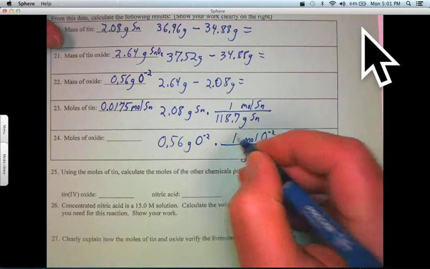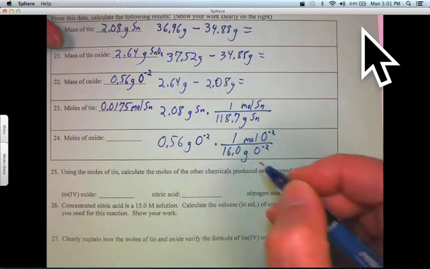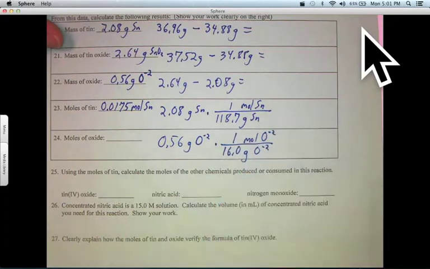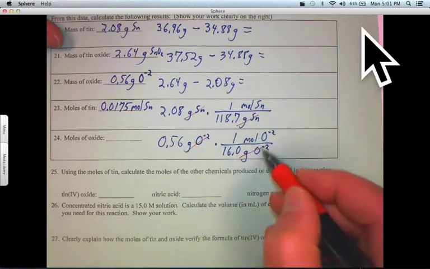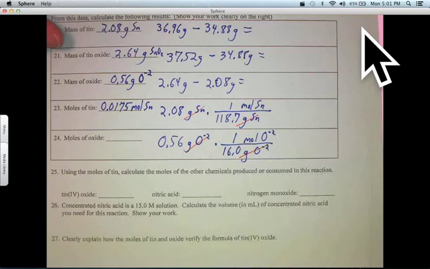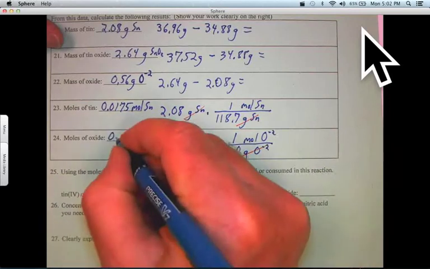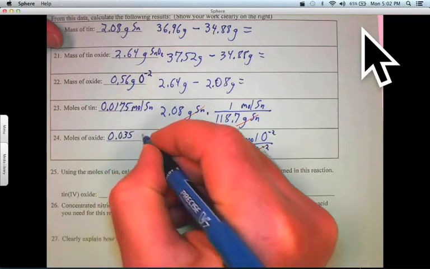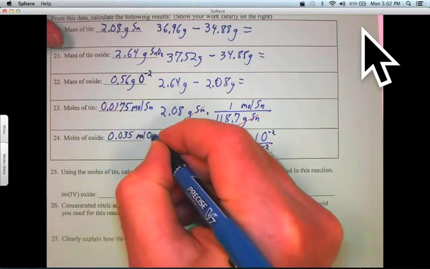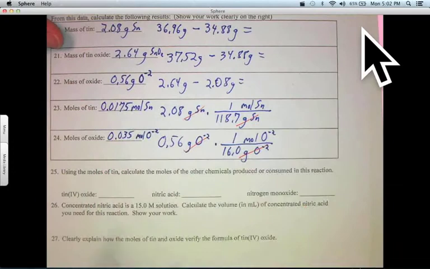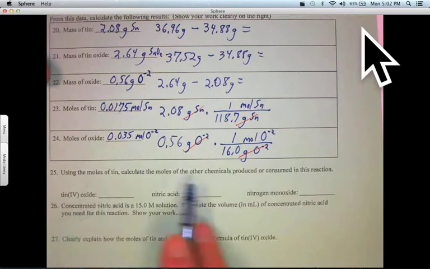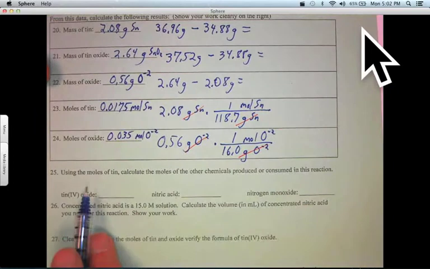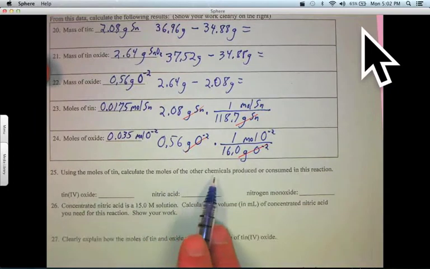So 1 mole per 16.0 grams, and let's remember to cancel our units. If we do the math there, that comes out to 0.035 moles of oxide, of O2- ions, oxide ions. Okay, using the moles of tin, calculate the moles of other chemicals.